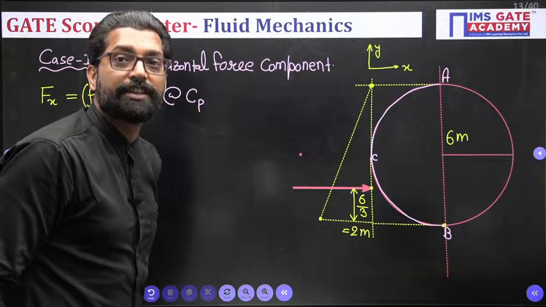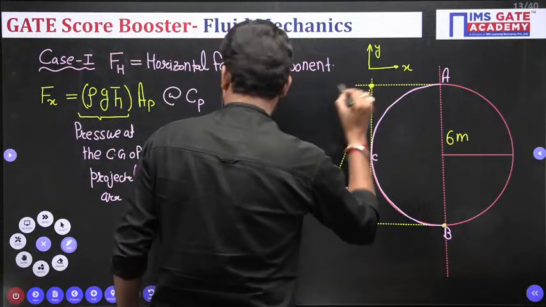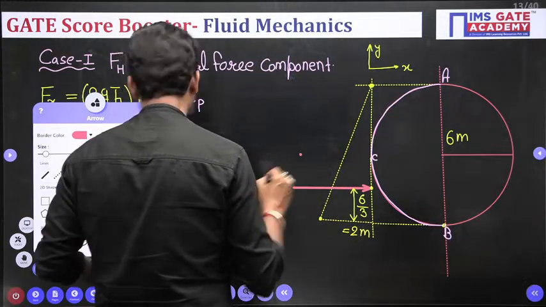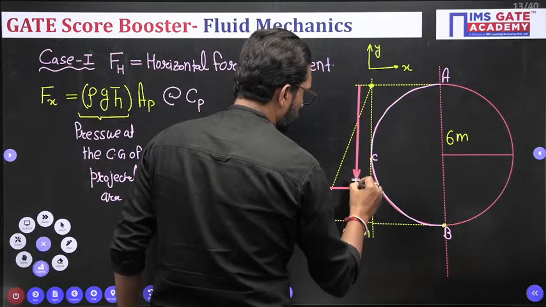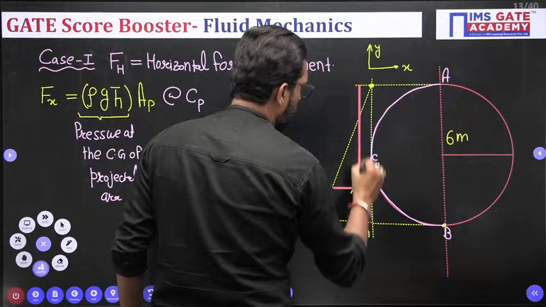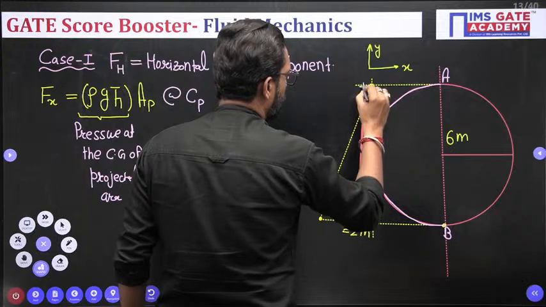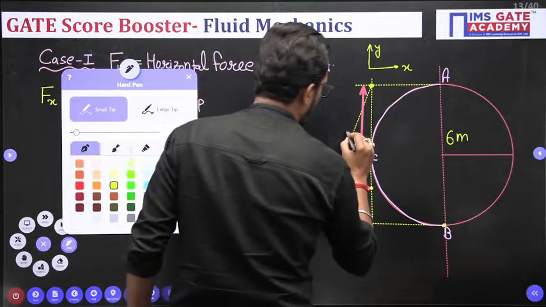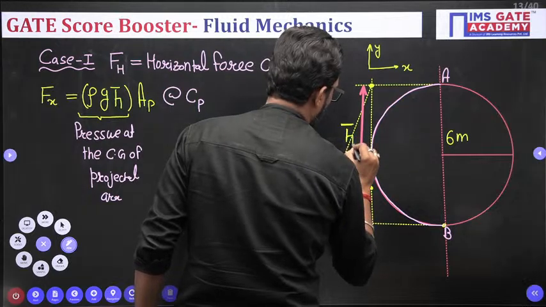So this is your CG, centroidal. And what is the h bar? Always you have to take the h bar from the free surface. This is your h bar.